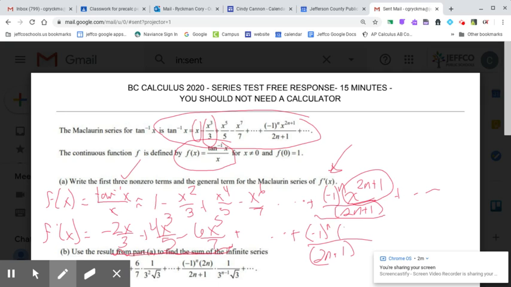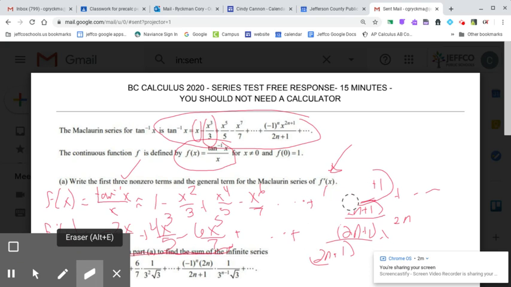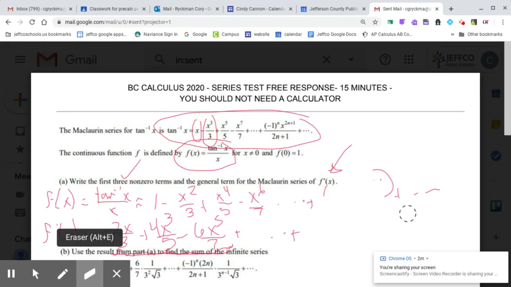Well, 2n plus 1, you bring down the power, 2n plus 1, and reduce it by 1. And that is not looking correct. Oops, I'm dumb. Sorry. I make it sound so easy and then I can't do it myself.